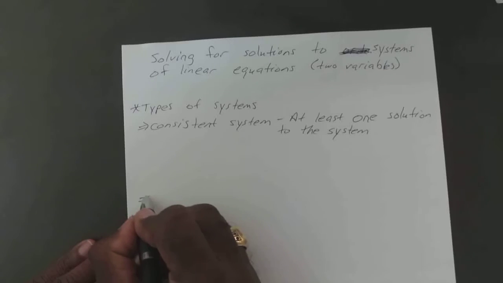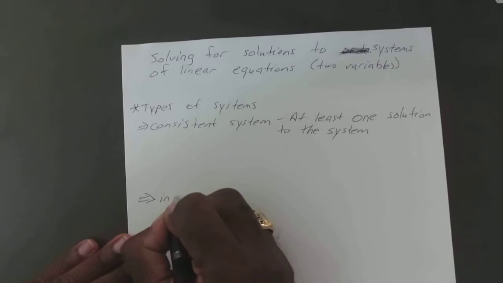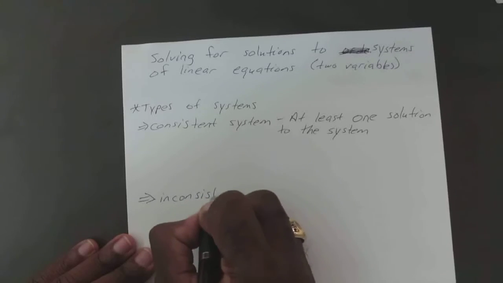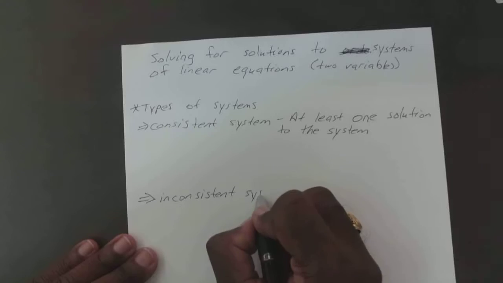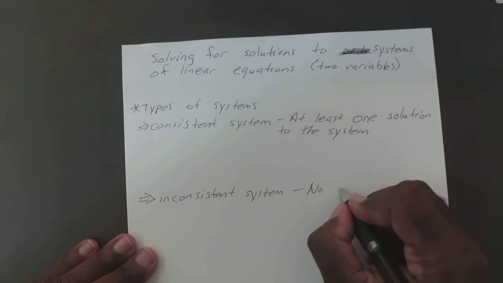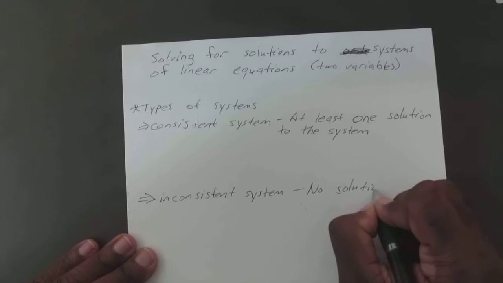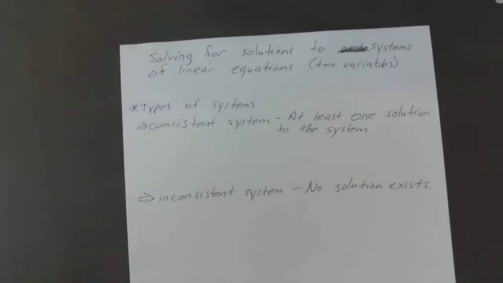And I'll leave a little bit of space because I'm going to draw a graph of each type. So an inconsistent system means no solution exists. Okay. And then you have what they call a dependent system, which means that there are an infinite number of solutions.